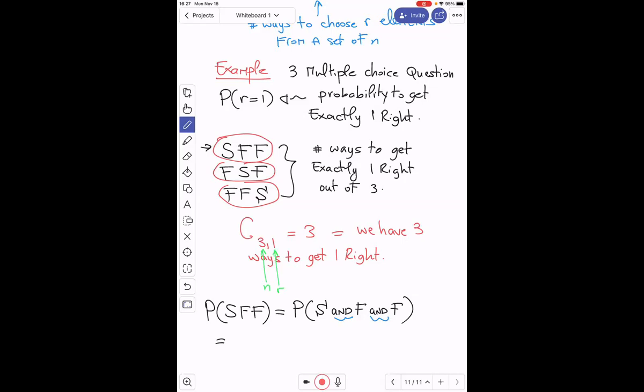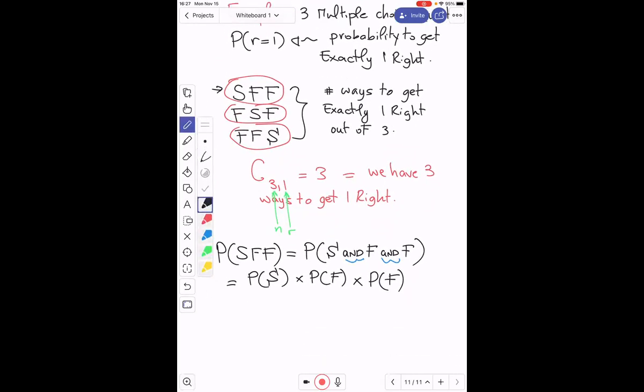Okay. But then, as we discussed in chapter 5, the multiplication rule: when you have "and," it means you need to multiply. Here we have independent events, because we have independent trials. So this is the probability of success times the probability of failure times the probability of failure. So here I use the multiplication rule from chapter 5.